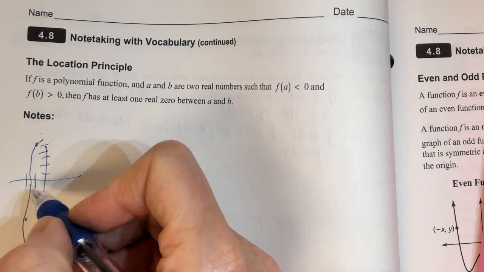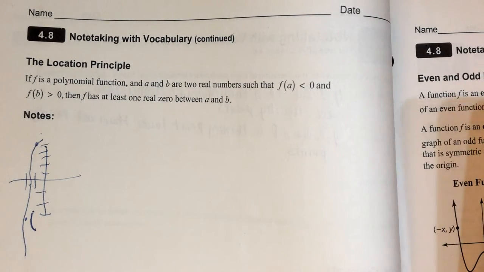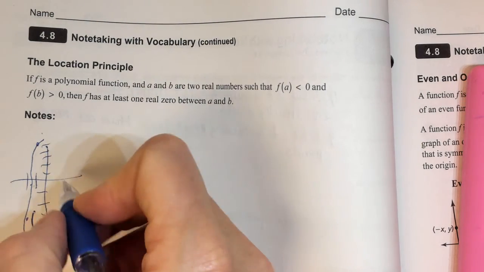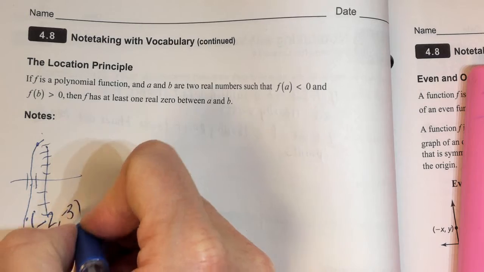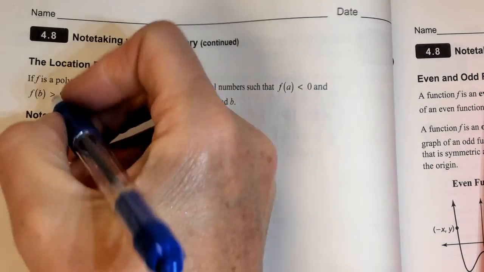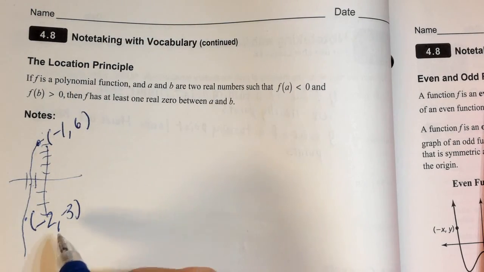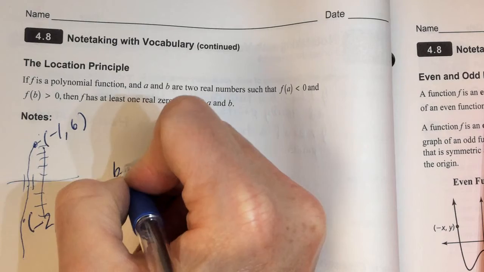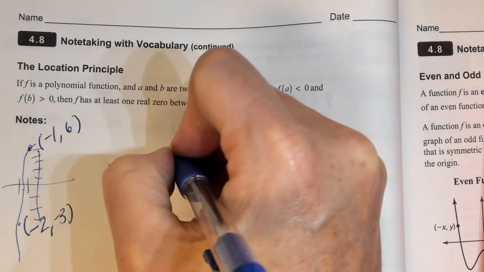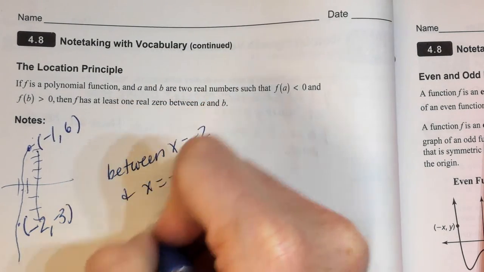So if our graph looks like this, and this point down here is -2, -3, and this point here is -1, 6, then it has to pass through 0 in between x equals -2 and x equals -1.